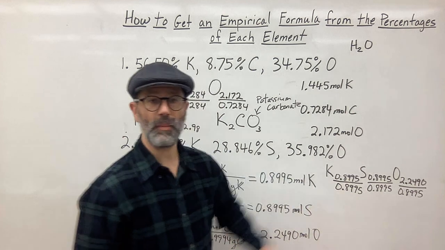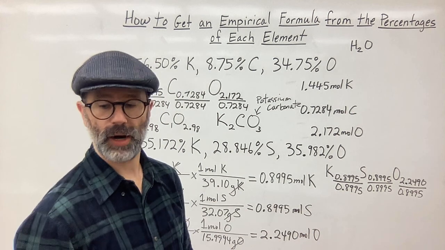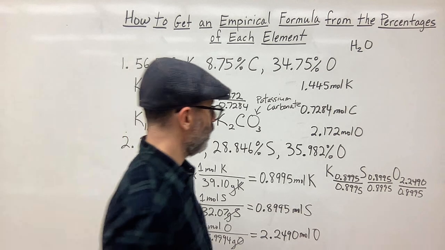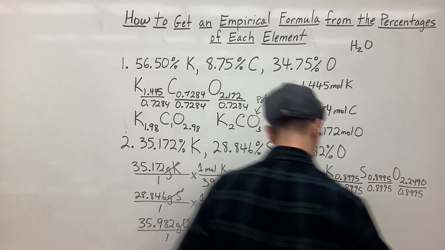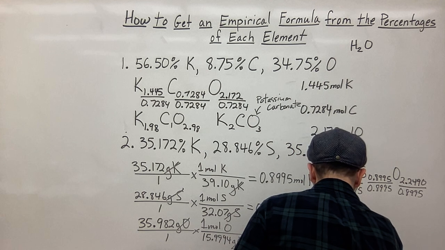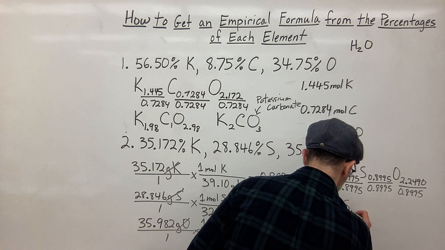And let's see what numbers I get. When I divide, for these, of course, it's just going to be 1. So I get K1, and sulfur 1.